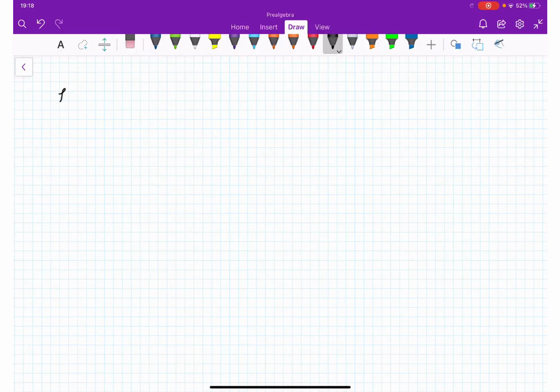Question number 1. We have a rectangle with the area of 38.7 square feet.